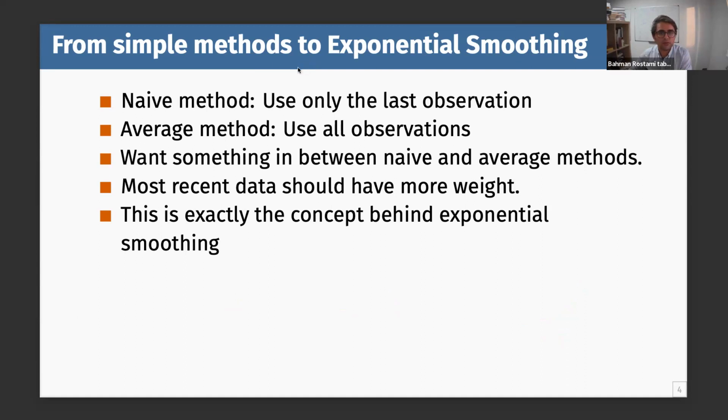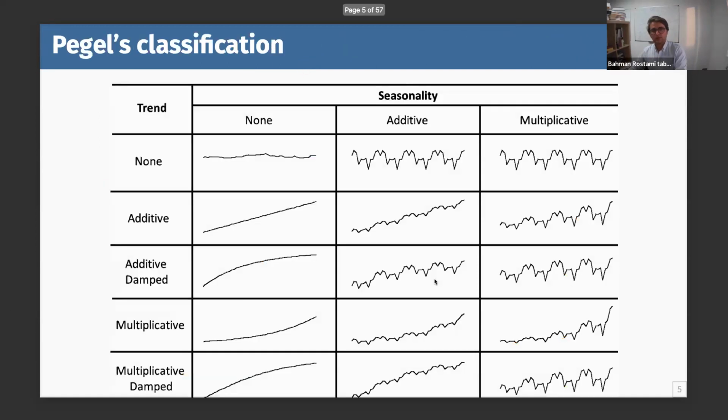Now, this is a classification called Pegels' classification. It shows you visually what exponential smoothing is capable of in terms of capturing different patterns. So you may deal with a time series where there is no trend and no seasonality.